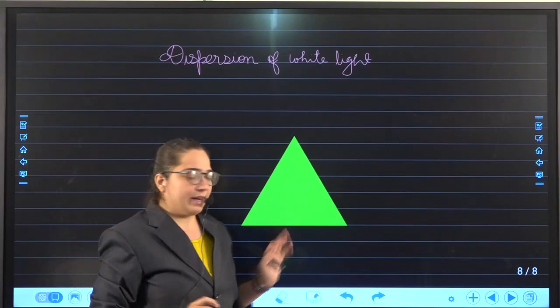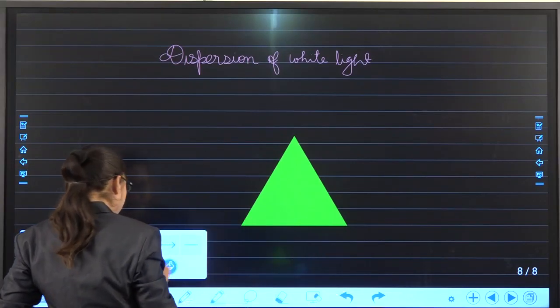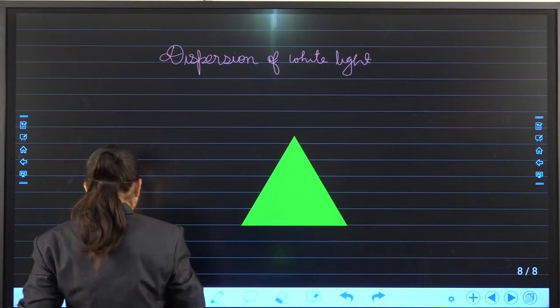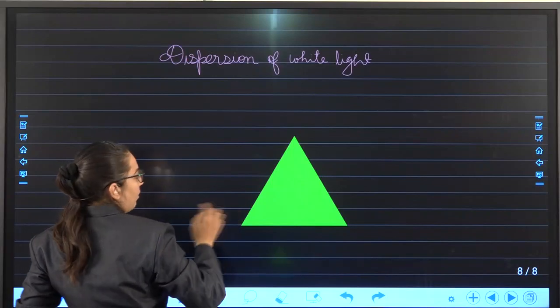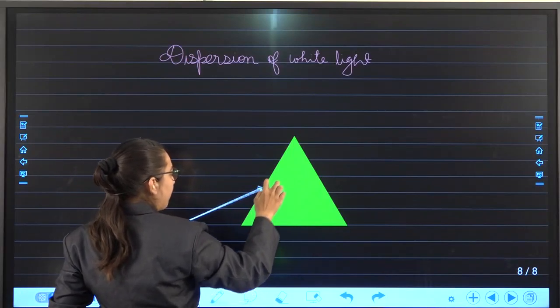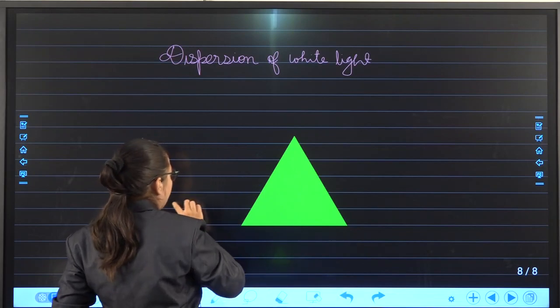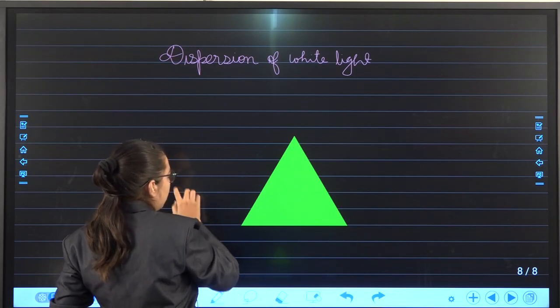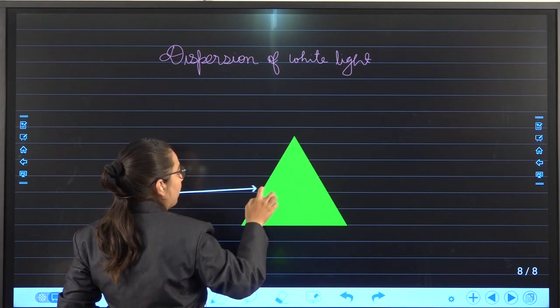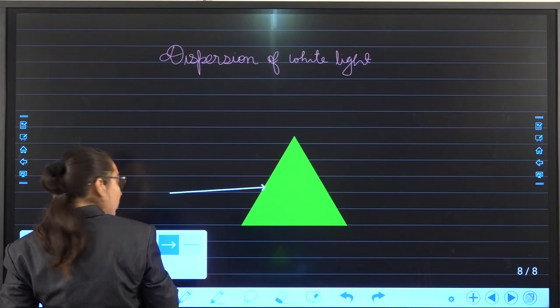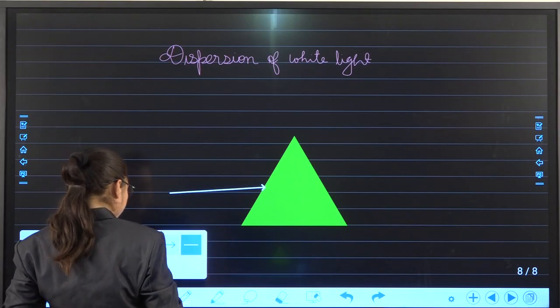Whenever white light is incident on the triangular prism, it will get split into 7 colors.